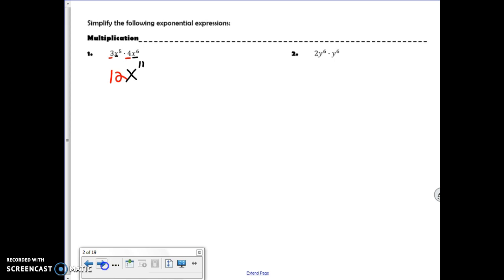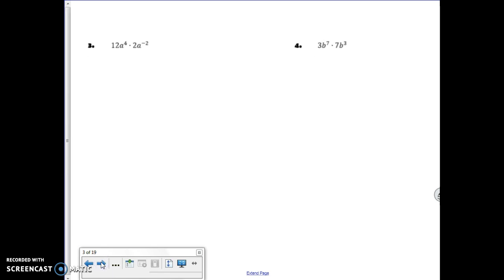Okay, looking at example 2, it's the same sort of thing. So we have an invisible 1 that's out front here, and 2 times 1 is 2. Then from there, we're multiplying everything else, so I'm just going to add the exponents, so I would get y to the 12th power. That is the first 2. All right, the next 2, same exact thing.